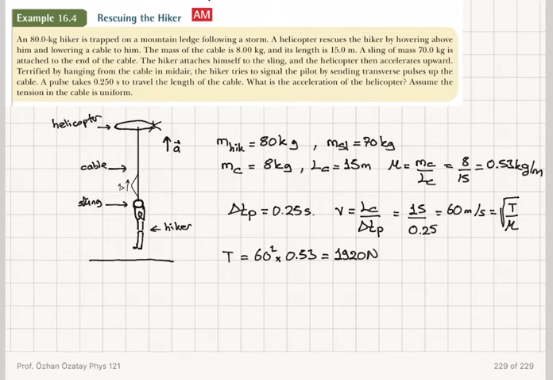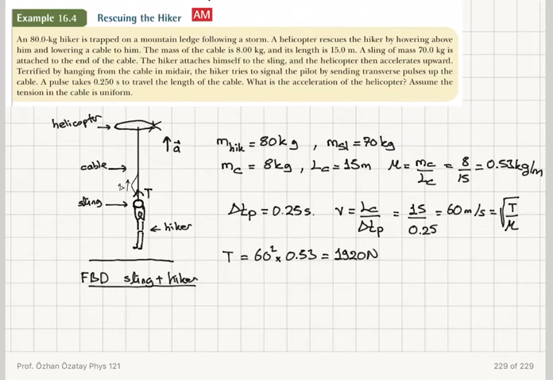And what is the upward acceleration of this helicopter? So what I do is look at where the tension is going to appear here. The tension will be applied to the sling plus the hiker. So I'm going to draw a free body diagram: sling plus hiker.